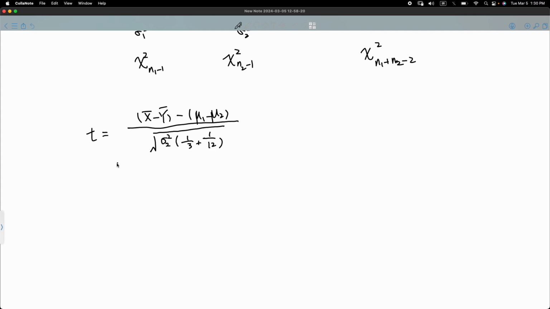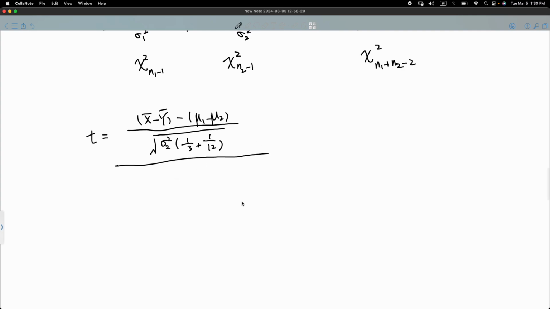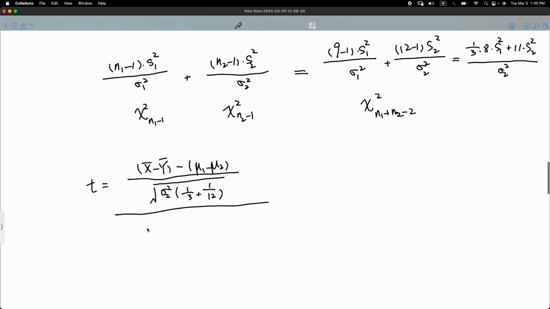So we have the standard normal on the numerator, and then we need the chi-square for the denominator. So this is the 1 over 3 multiplied by 8 multiplied by s1 squared plus 11 multiplied by s2 squared over sigma 2 squared, altogether divided by 19, which is the 9 plus 12 minus 2.